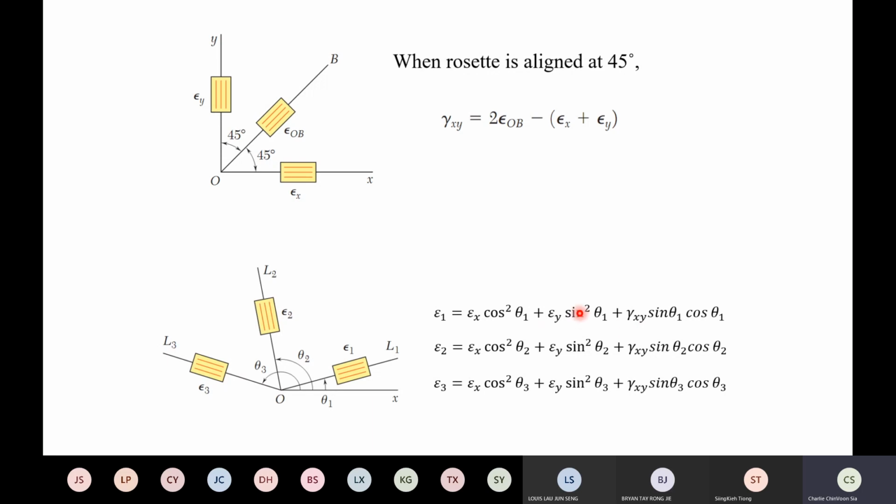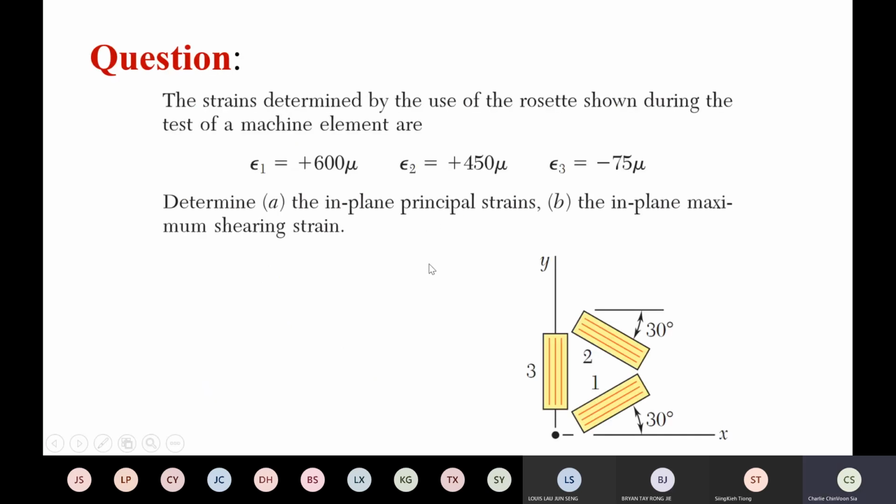For the strain gauge, same as the stress, we can also determine the principal strain and the maximum shearing strain.